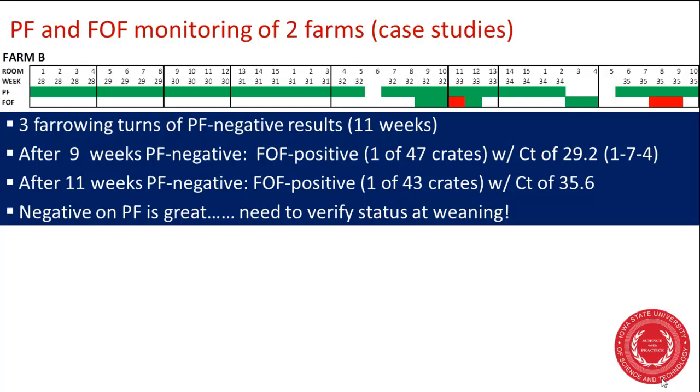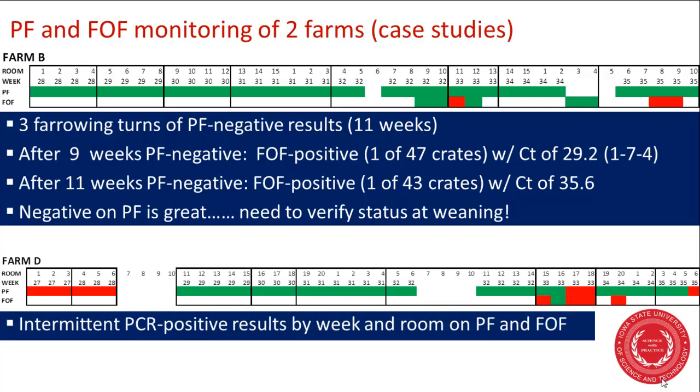This first bar here, processing fluids for every room for a number of weeks, and right here at 9 weeks of consecutive negative testing by processing fluids, they started doing some family oral fluids and found positive here, 9 weeks, and then 11 weeks after, between all this time you've been testing negative by processing fluids. So showing here evidence of virus circulation at very low prevalence, 1 of 47 crates here and 1 of 43 crates there, with CTs of 30 to 35. So there's the virus. If you look hard, you're going to find it.